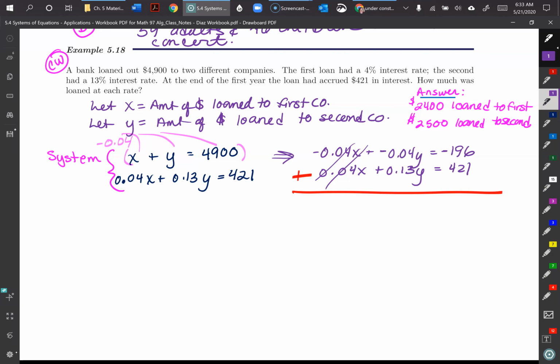So we're going to add these here: negative 0.04y plus 0.13y, and I get 0.09y. That comes up to equal 225 on the right hand side. Divide both sides by 0.09, and I get y equals 2,500.